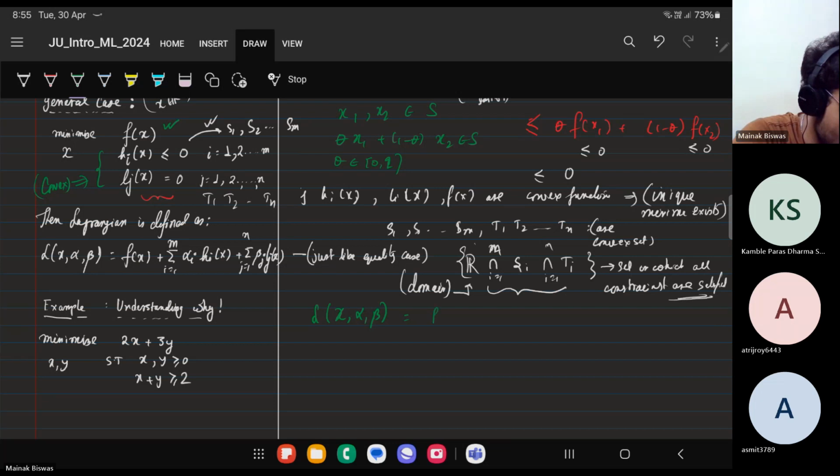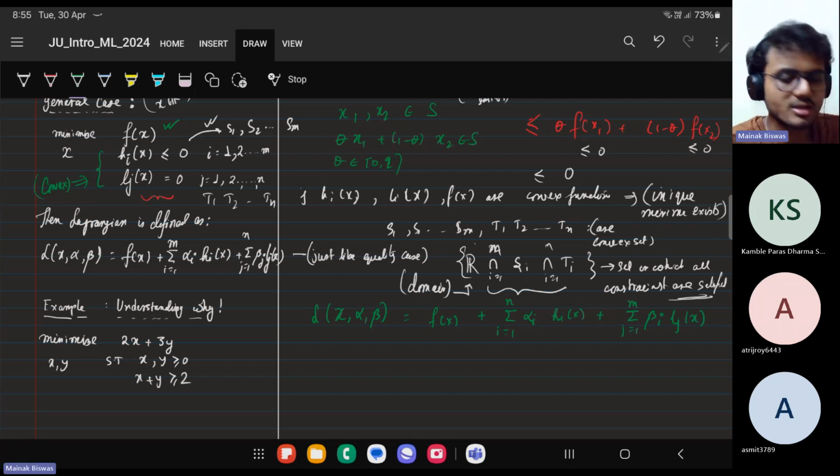I'll just add all the constraints in hix plus sum over j equal to 1 to m beta j lix. This is the new Lagrangian I'll get.